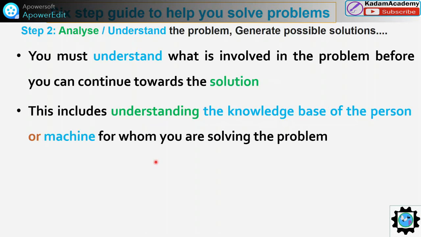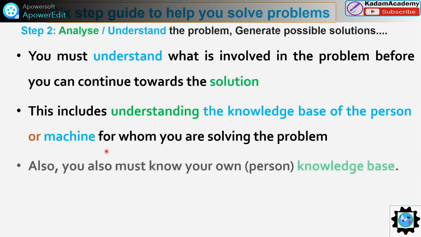Or if the problem is to be solved for a machine, then its instructions must be known. For example, for a computer, the programming language and whatever software or hardware related knowledge must be known to solve that problem.